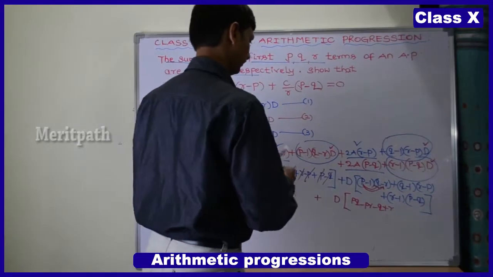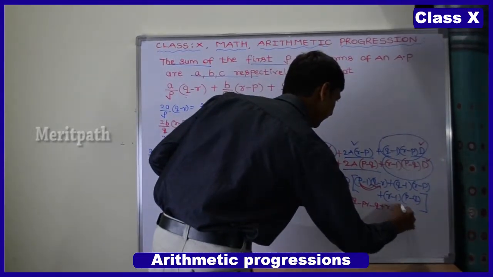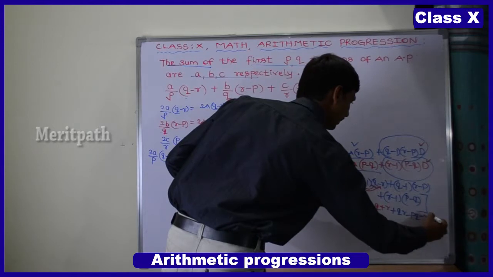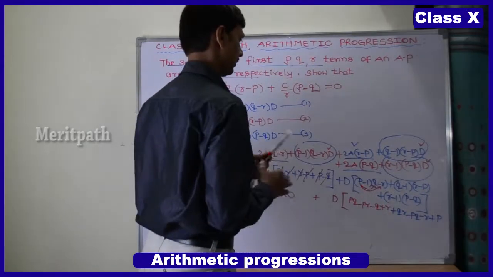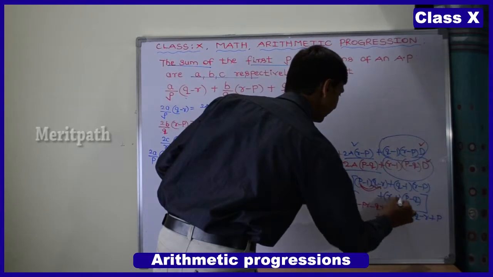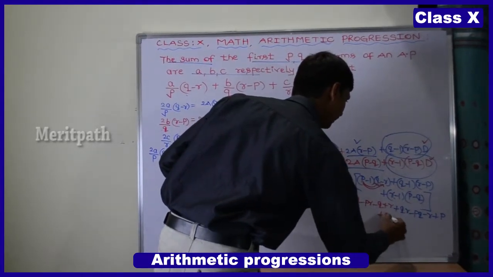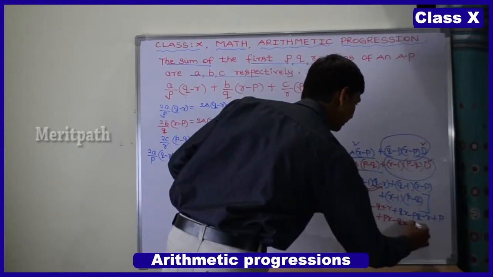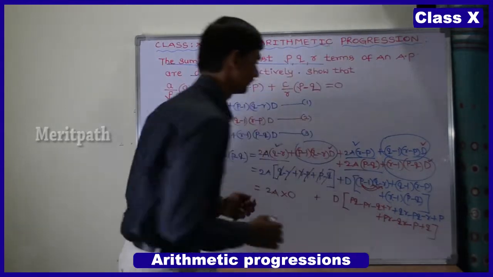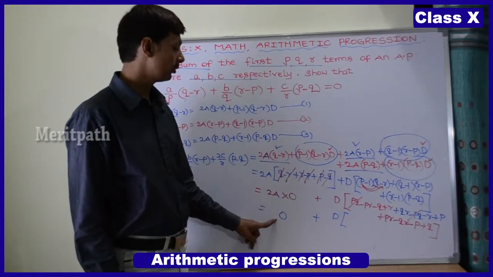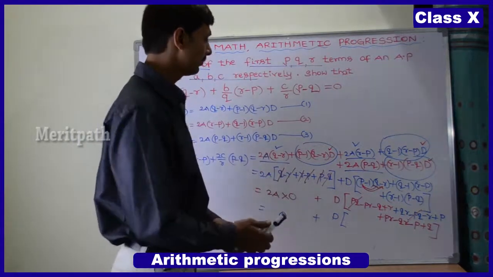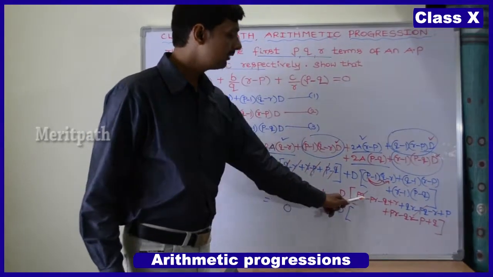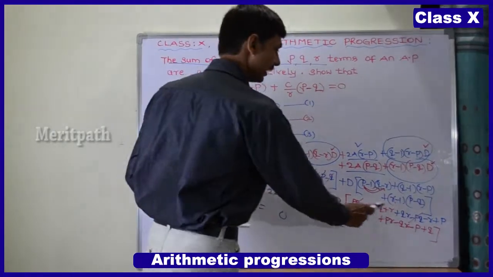So next one, plus qr minus pq minus r plus p, plus when we multiply with r minus 1, pr minus qr minus p plus q. Here 2a into 0 is nothing but 0, plus D into, here we can observe in this expression there is pq and minus pq.